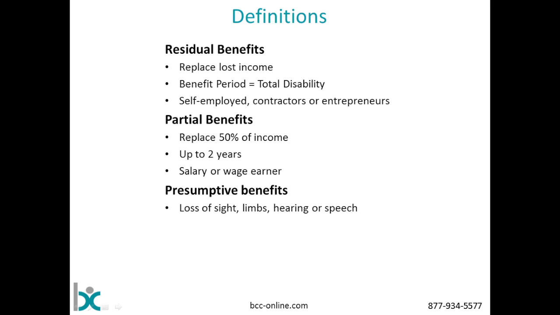That is, if you suffer a loss of any of those faculties, or the loss of use of them, even if you're able to go back to work after having suffered that loss, you will still continue to receive disability benefits.